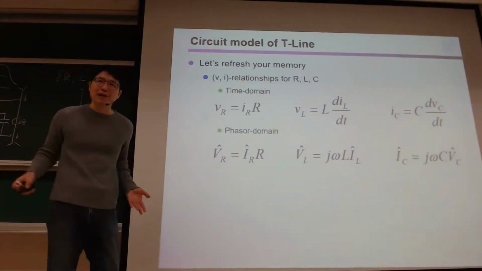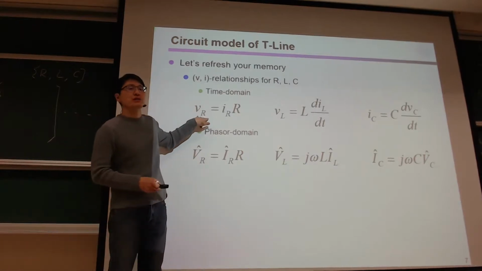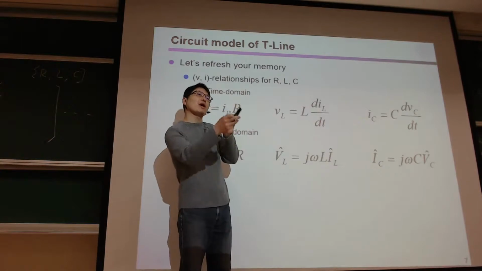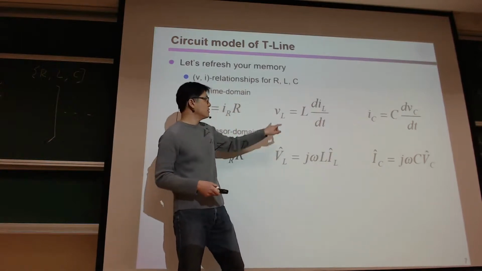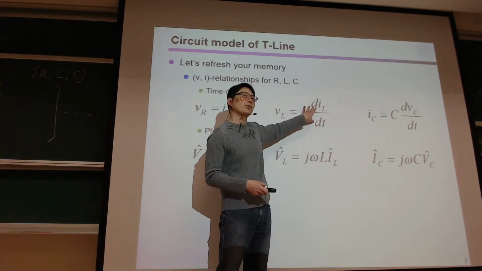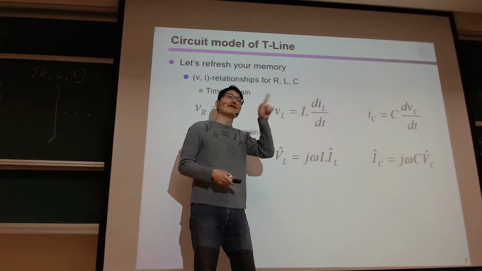If you don't remember, in the time domain, the voltage across a resistor is V equals IR. For an inductor, the voltage across the inductor, V_L, is L di/dt. So you need a time-varying current to produce a voltage drop over the inductor.